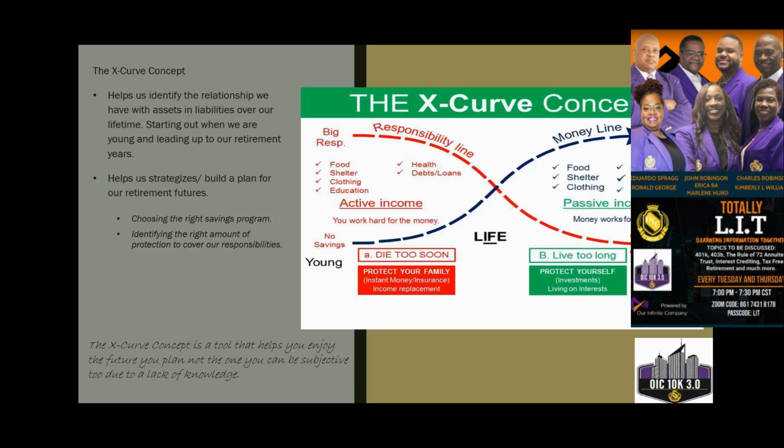I would like to retire at age 65 or even 59 or 50. If you're looking to retire by 50 or the age of 40, there's certain programs that don't fit that criteria. You will be able to use this X curve concept to judge by to see if this is a program that you want to grow your money so that you can move to the more passive income side.